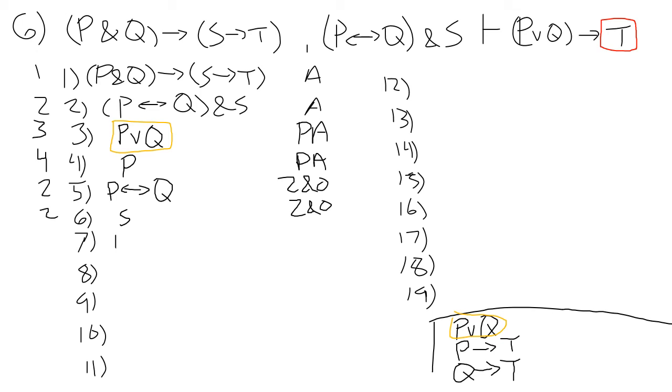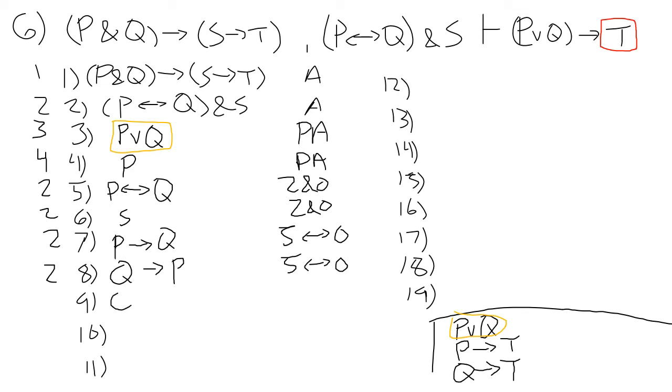Then I can break apart my double arrow, which I'm going to do both of these at the same time. So 5 double arrow out, 5 double arrow out, 2 and 2.